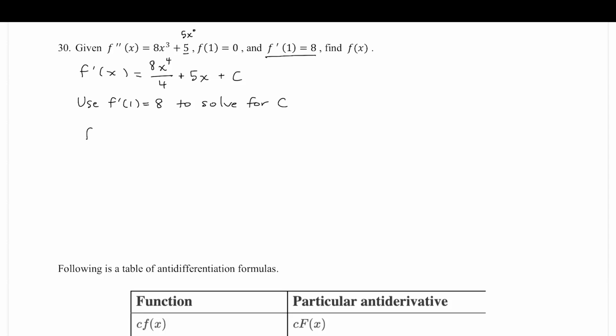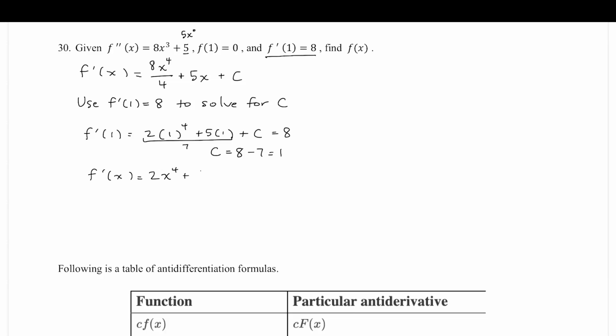So again, recognizing 8 over 4 is 2, f prime of 1 is 2 times 1 to the 4th, plus 5 times 1, plus c, and that's supposed to come out to be 8. So I have c equals 8 minus 7, or 1, right? Because 1 to the 4th is 1, 2 times 1 is 2, 2 plus 5 is 7, and I can subtract that over to the other side.